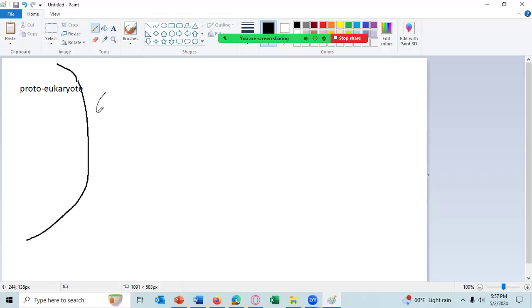How it engulfed it was by pseudopods. Bring that closer to the cell. Doesn't matter what this shape is.